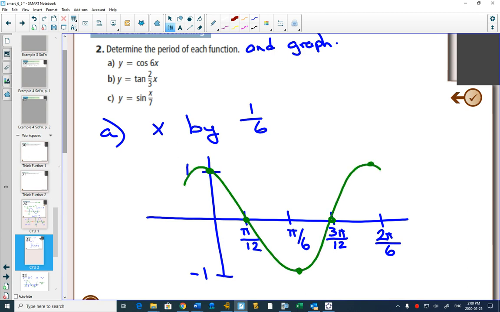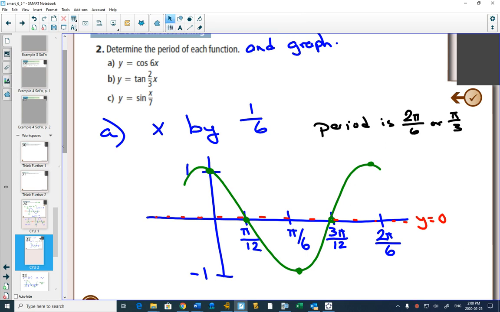If I wanted to draw my center line on there, it stays at y equals 0. So my period is pi over 3.